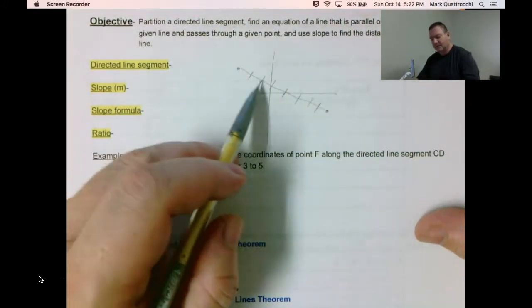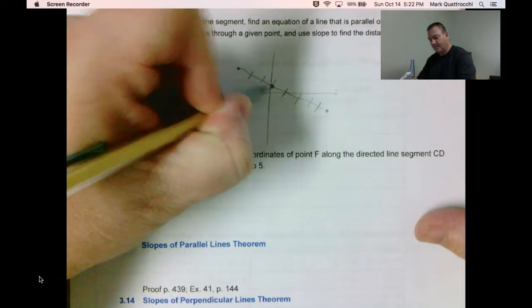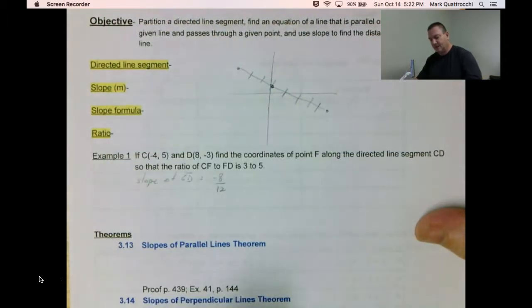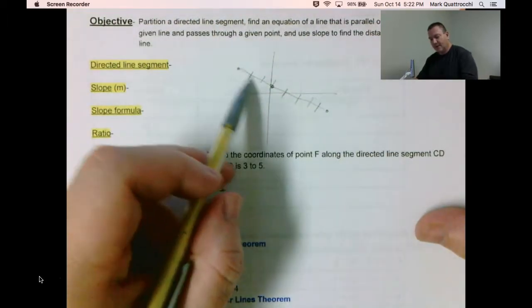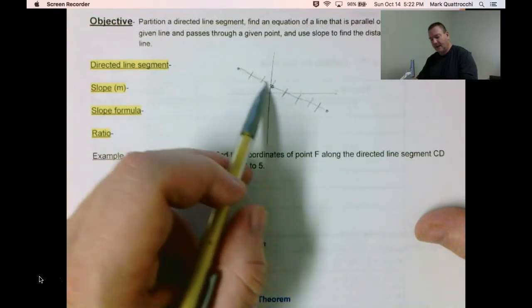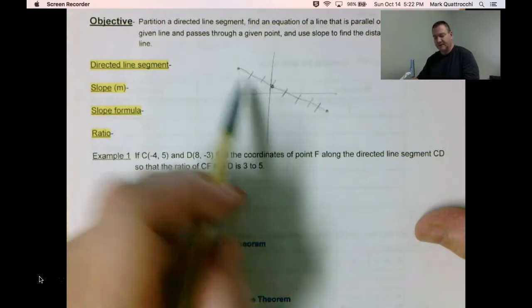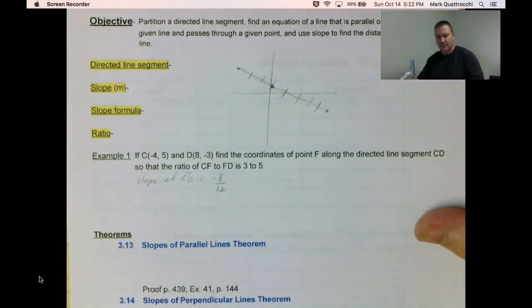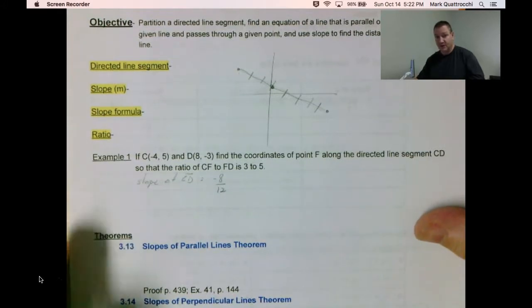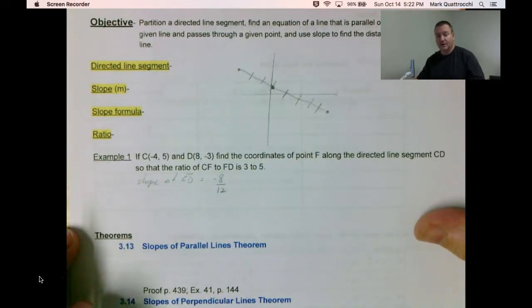So we want to break this up into a 3 to 5 ratio. Well, that's really 3 out of 8 segments. There are 3 segments here, and 8 segments total. So that's why we're going to use a 3 to 8 ratio to solve this.